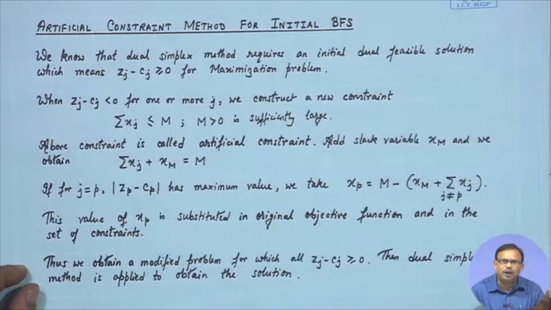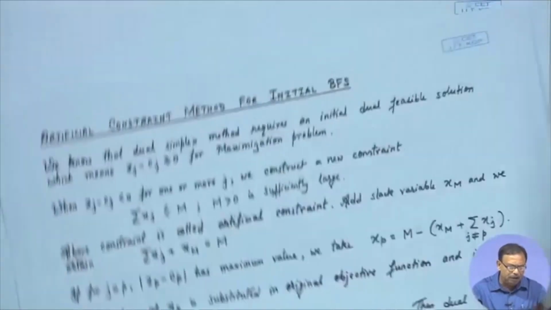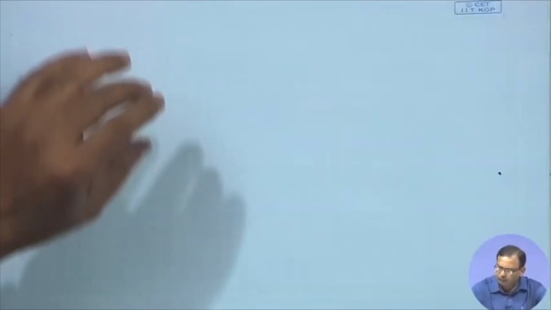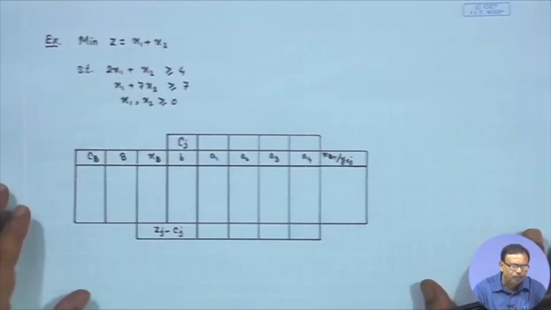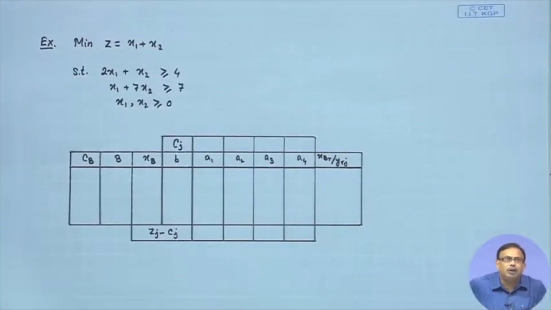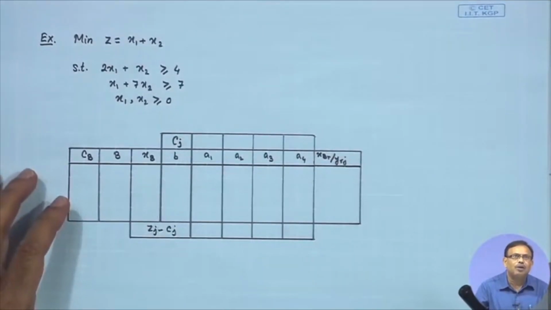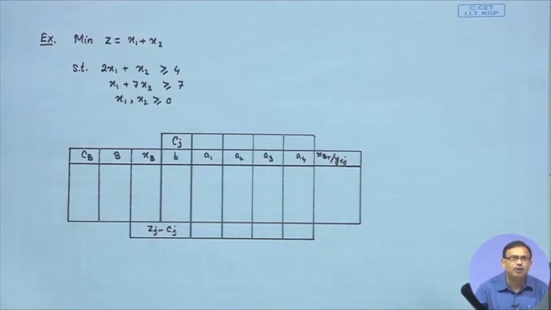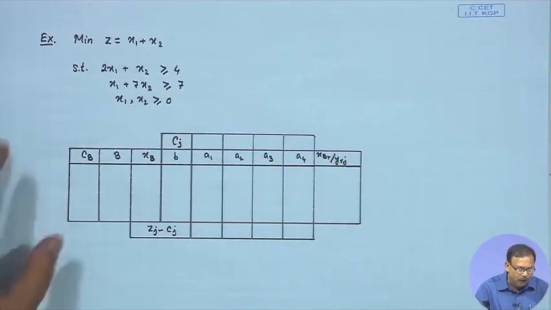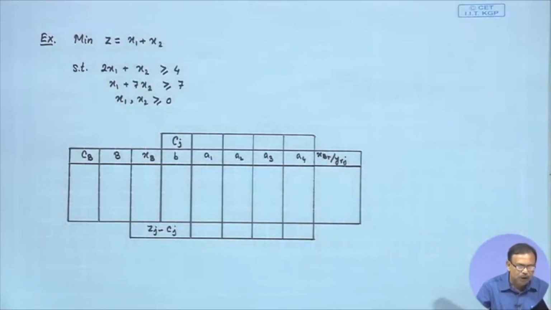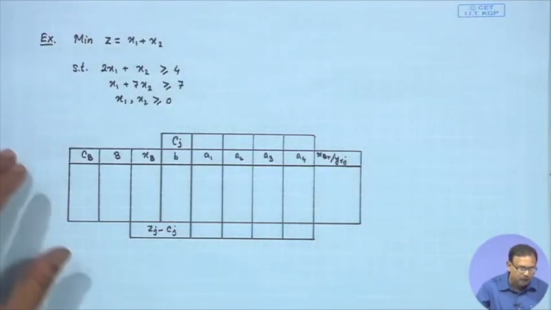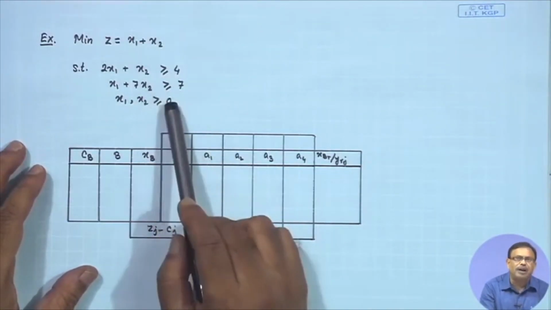So, now let us take one or two examples by which let us explain the problem. Let us take the problem minimize z equals x1 plus x2 subject to 2x1 plus x2 greater than or equal to 4 and x1 plus 7x2 greater than or equal to 7. So, the problem is not in standard form.